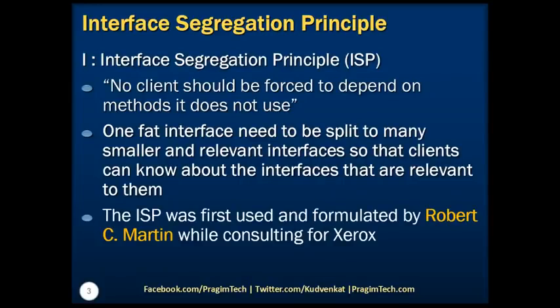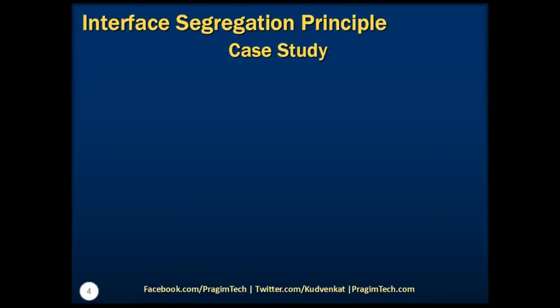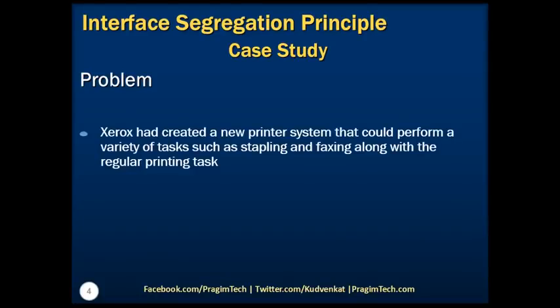Let us now understand how the interface segregation principle evolved with a case study. As we all know, Xerox Corporation manufactures printer systems. In developing new systems, Xerox created a new printer system that could perform a variety of tasks such as stapling and faxing along with the regular printing task.